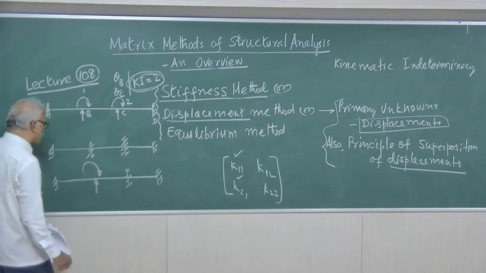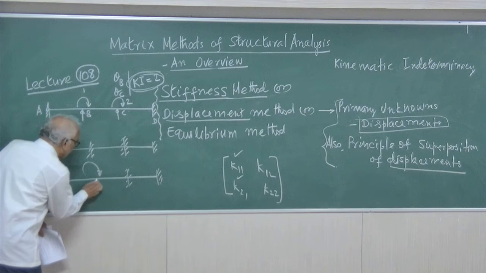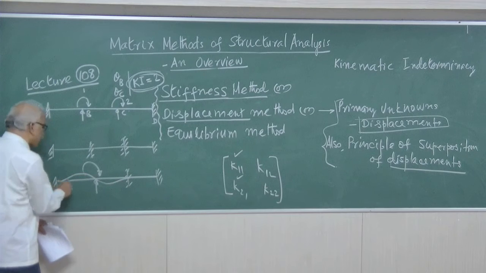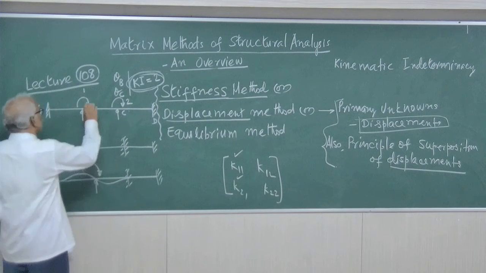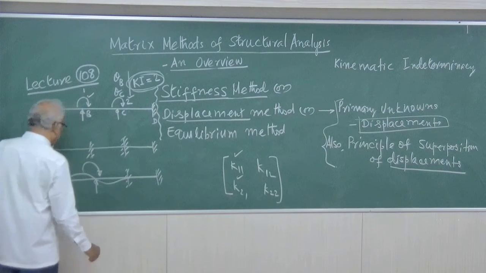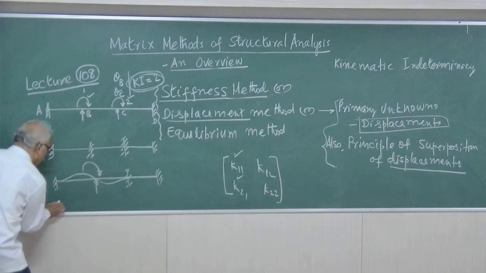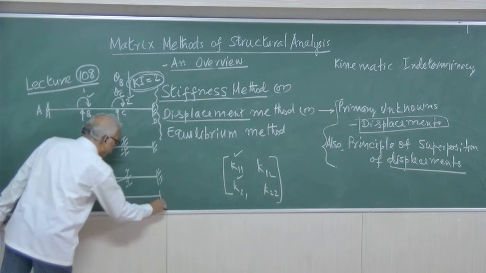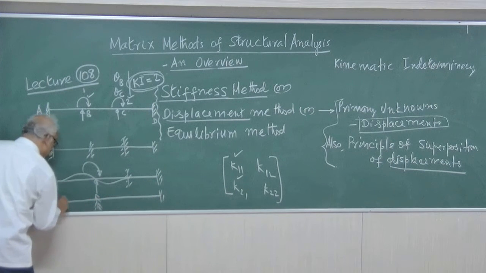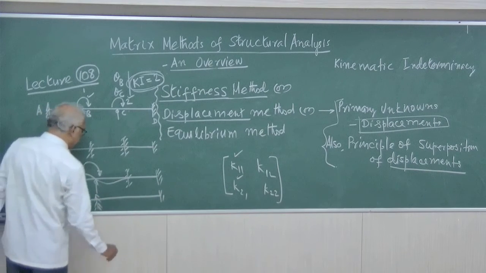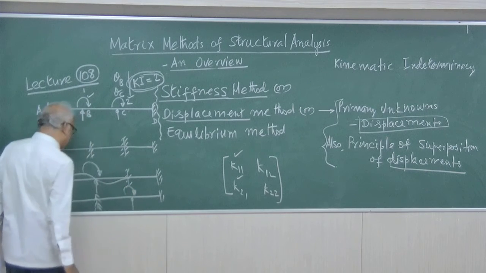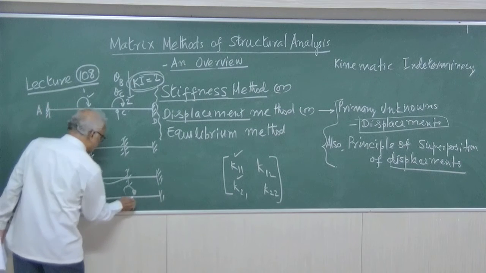Right. So for K1, apply unit displacement along coordinate 1 only. Find out the force along coordinate 1. Find out the force along coordinate 2. Then apply unit displacement only along coordinate 2. So this also you arrest. Only one displacement you have to apply at a time. So here you apply the displacement and find out the force. This will be the deflected shape.